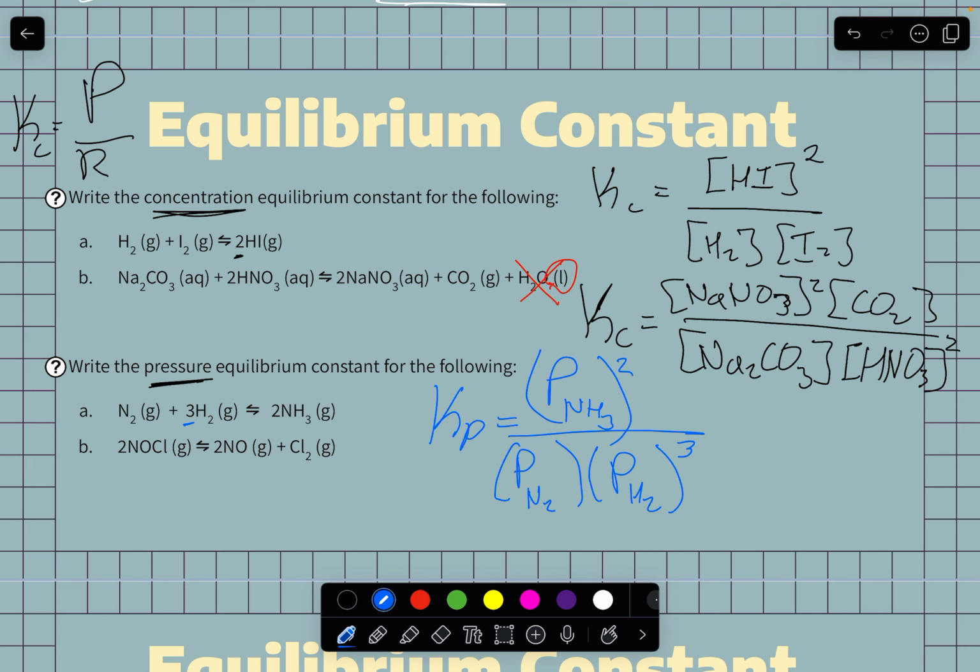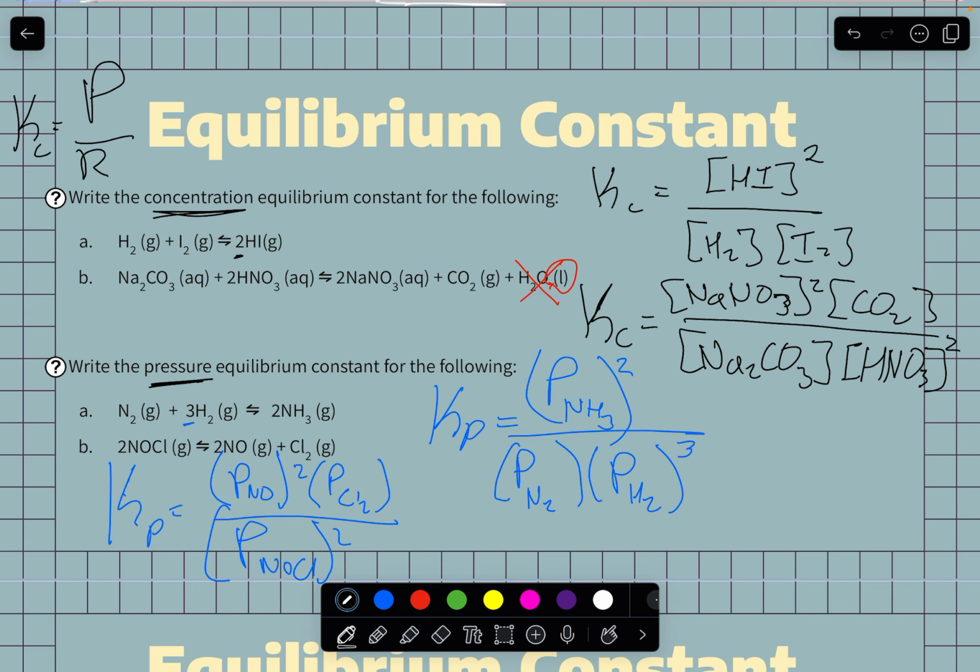All right, and that's it for that one. And then for B, we have our Kp is our pressure of a product, so we have pressure of NO squared, pressure of Cl2, coefficient of 1, divided by our pressure of NOCl, and that is squared.